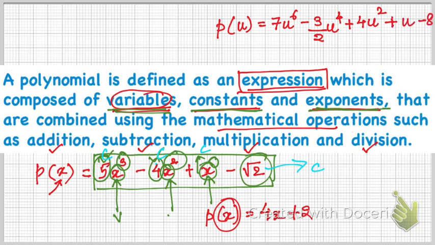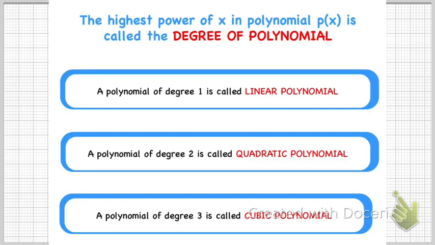Anything that consists of variables, constants and exponents, combined using mathematical operations, such as addition, subtraction, or you can even have multiplication or division. Division is also there, multiplication is also there. So this is a polynomial.